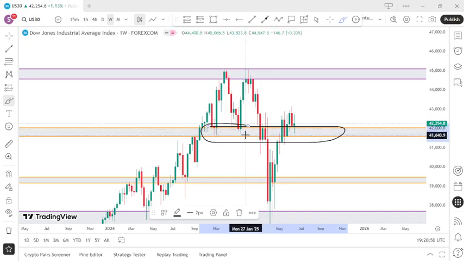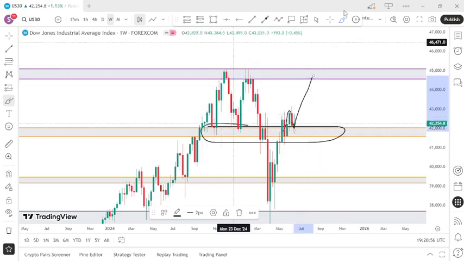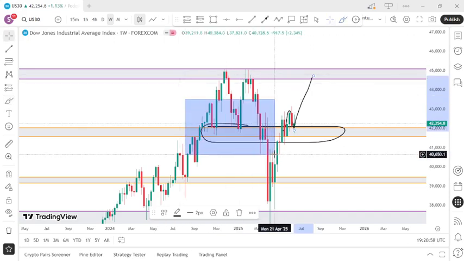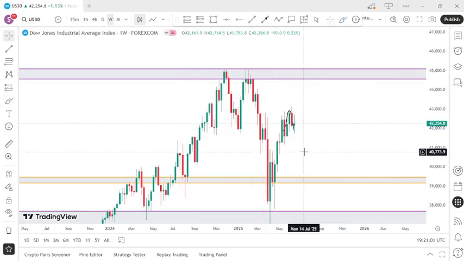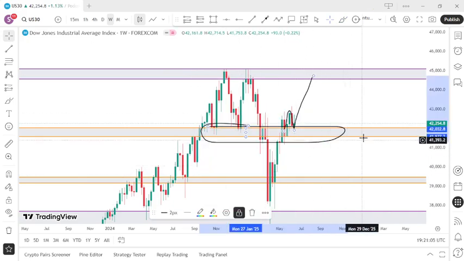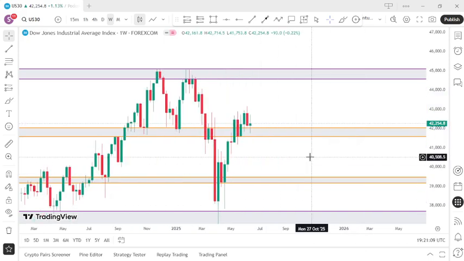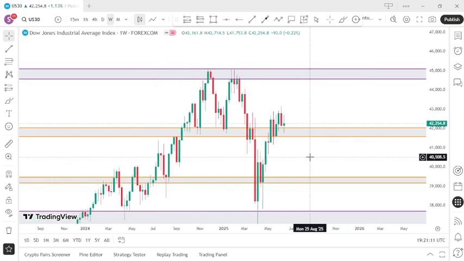If price was able to break out of it, then we wait for a retest like this, and then we buy on US30. So price has finally broken out of the zone, so we are going to be looking for buying opportunities on US30.